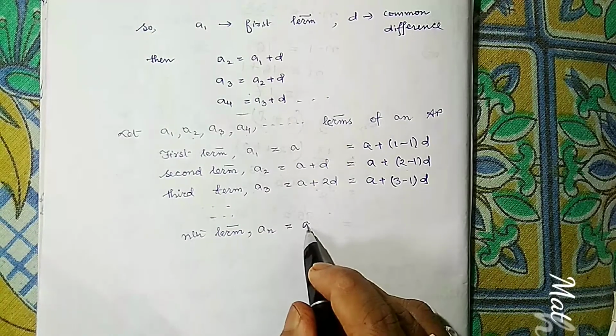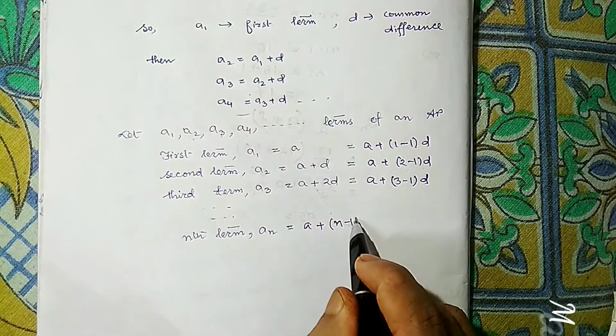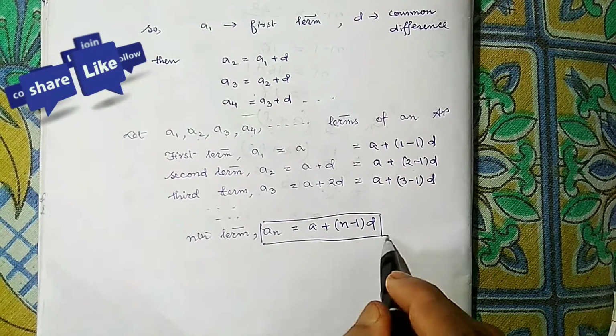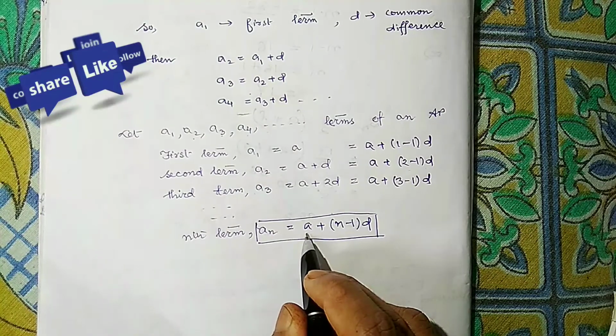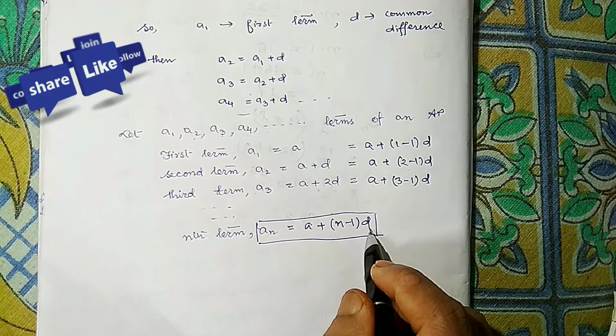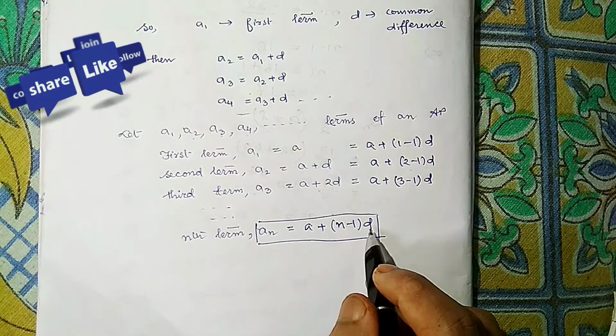It will be A plus n minus 1 into D. This formula is called the term formula, where A is the first term, n is the number of terms, and D is the common difference. Now we can start the sums of 5C.